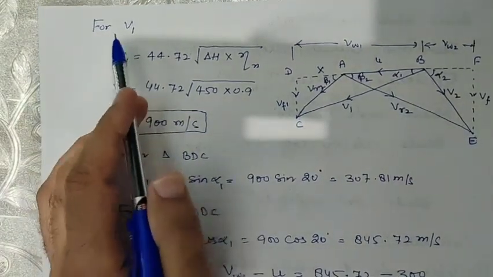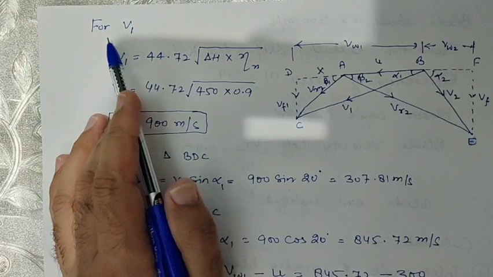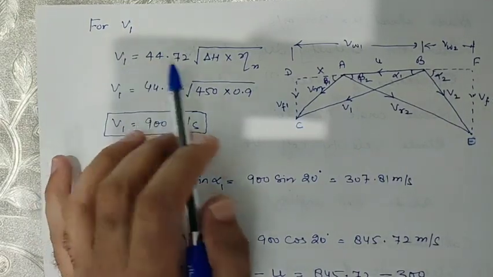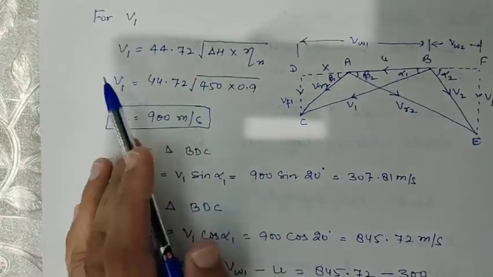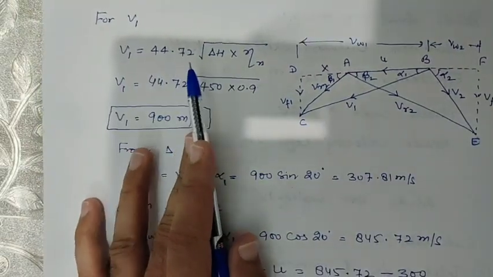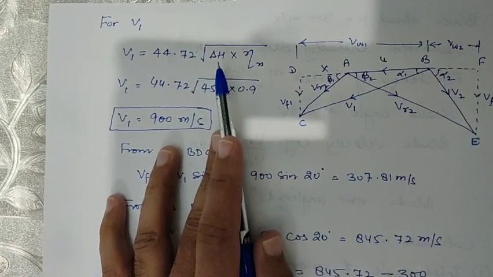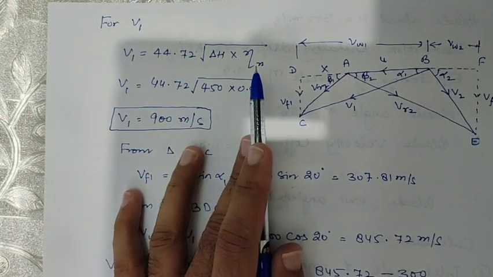First of all, we have to calculate V1, and for V1 we will use the formula that we have already learned in the nozzle chapter: V1 equals 44.72 under root delta H into nozzle efficiency.